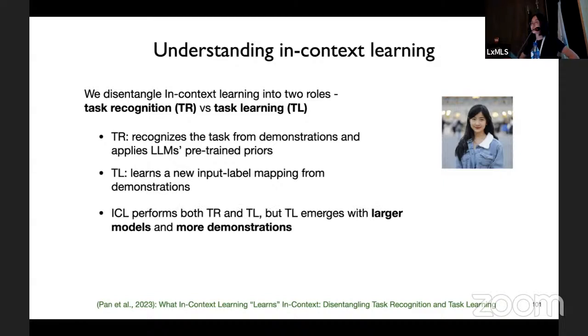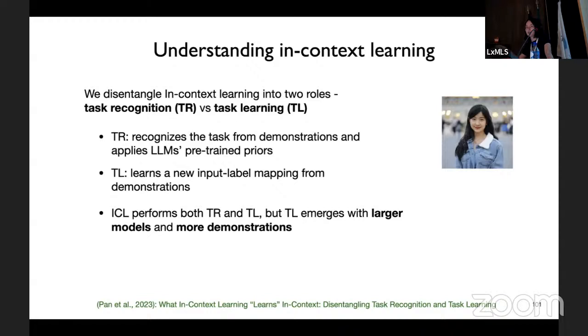And we found a really interesting result: we believe that in-context learning actually does both of these roles, task recognition and task learning. But task learning only emerges with larger models and more demonstrations. If you increase the model size and the number of demonstrations, we found that task recognition doesn't change too much.